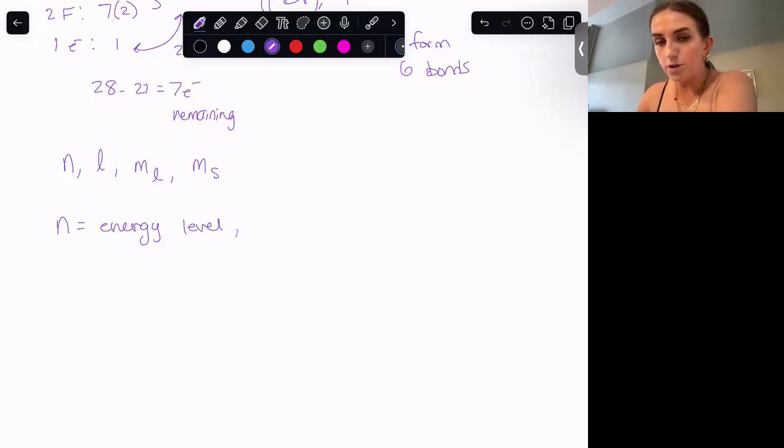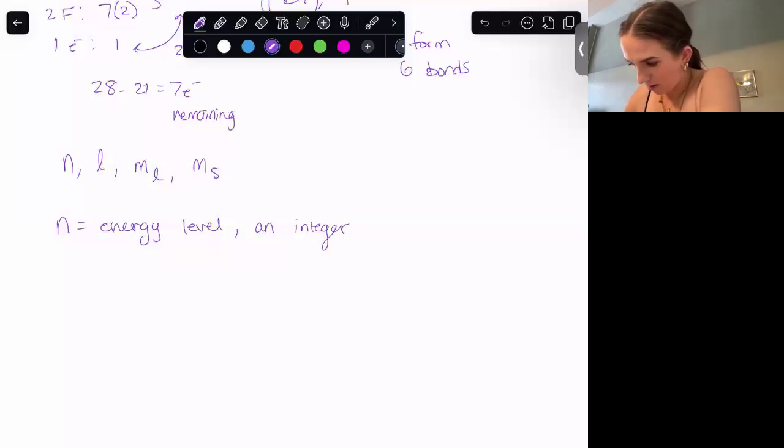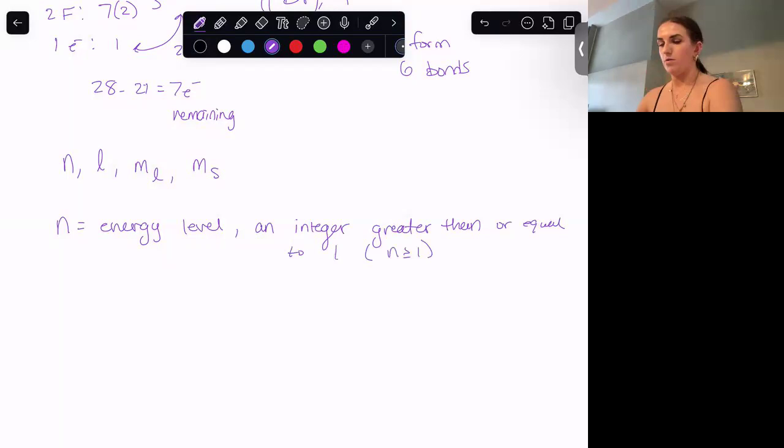And our rule for this is that this has to be an integer greater than or equal to 1. So that's n. So options are 1, 2, 3, 4, 5.